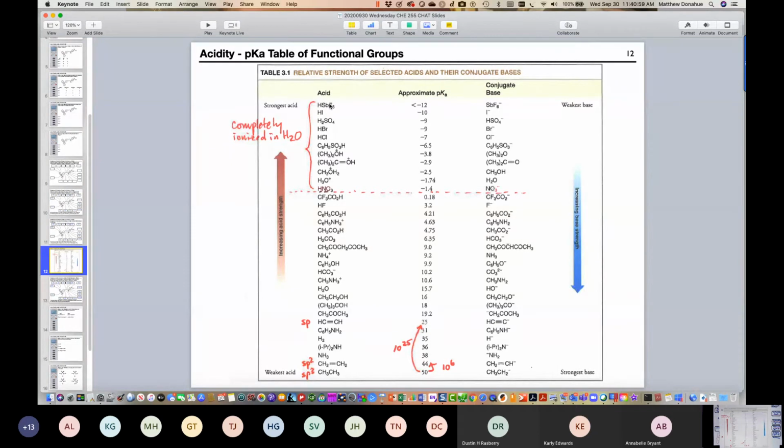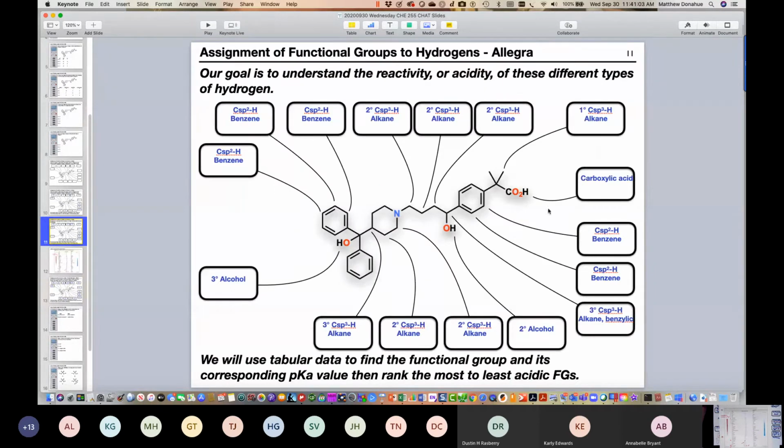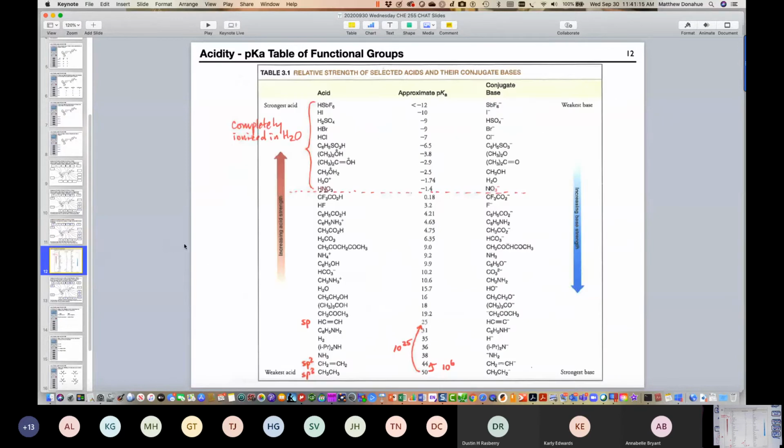These are the different functional groups, what we already determined. So we want to look for alkane, benzene type, alcohol type, and carboxylic acid type. So see where it says acid in this column?